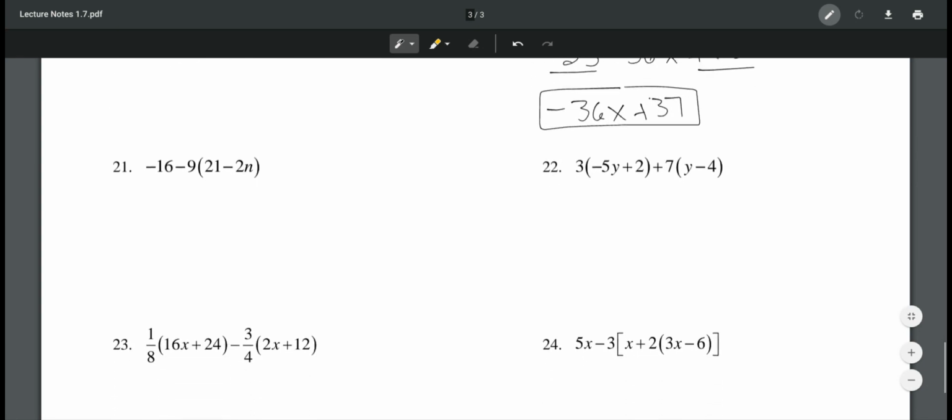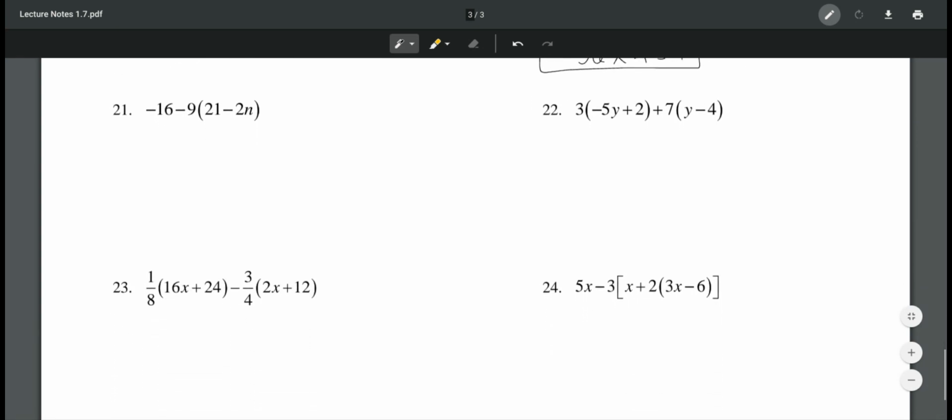Number 22, I have 2 sets of parentheses, so I'm going to have to distribute twice. In the first one, I'm going to take the 3 into the first group, so 3 times negative 5 is negative 15y. 3 times 2 is 6. Then I'm going to take 7 into the second parentheses. So that is 7y minus 28.